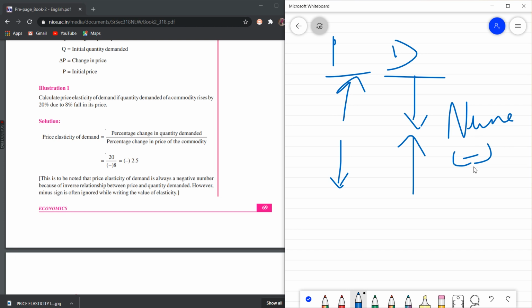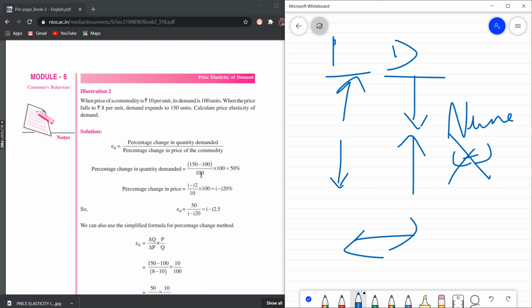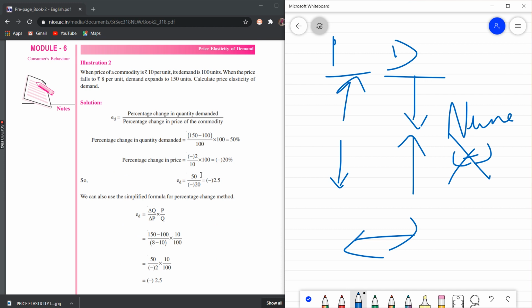While writing the answer, we should always ignore this symbol and write only the number. This symbol only shows that there is a negative relationship between price and demand. Let me move on to the next question.